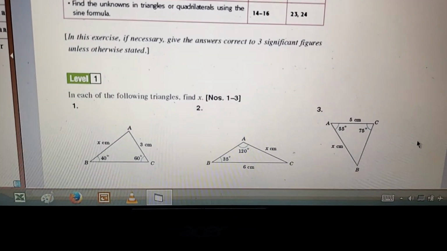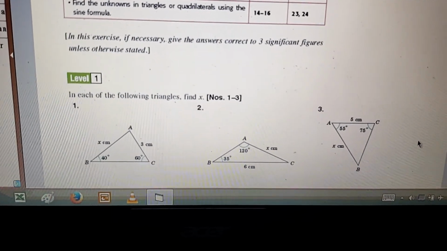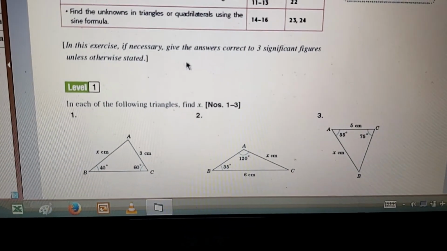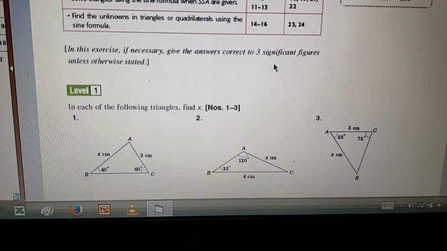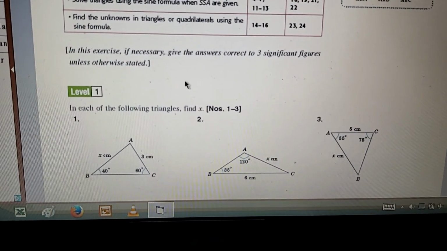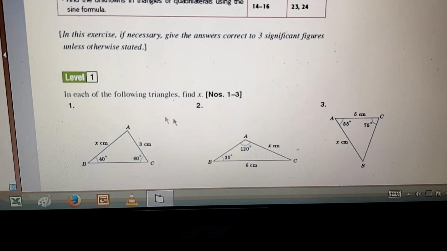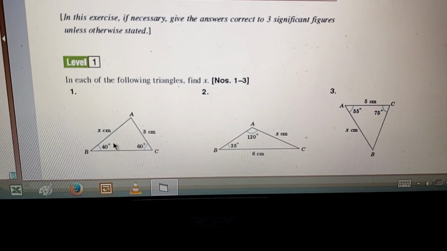Okay, now it is time for you to do the exercise. In this exercise, if necessary, give the answer correct to 3 SF unless otherwise stated. So in each of the following triangles, find x.